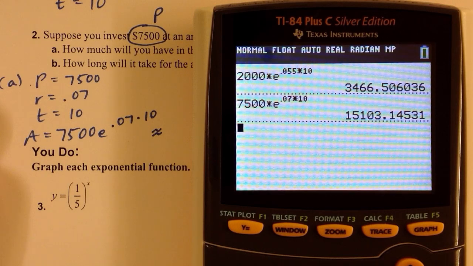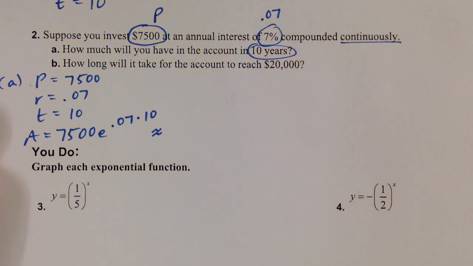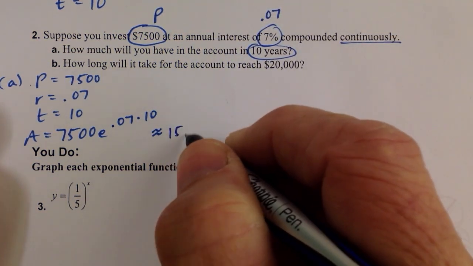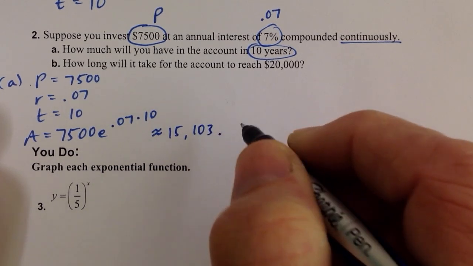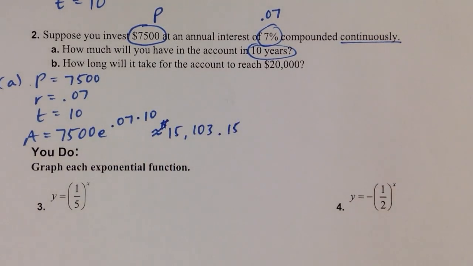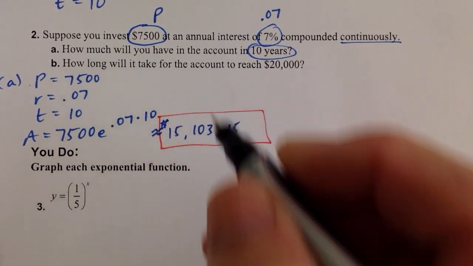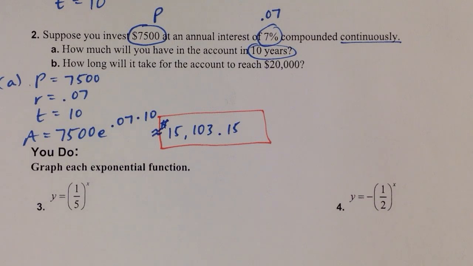So at the end of 10 years, that 7,500 has more than doubled. $15,103.15. So we're going to write that down. A 7% interest rate, as you can see, in just 10 years, your money's more than doubled. That's outstanding.